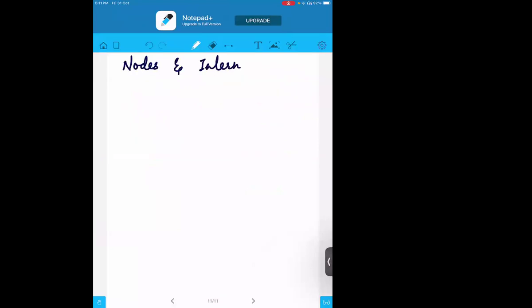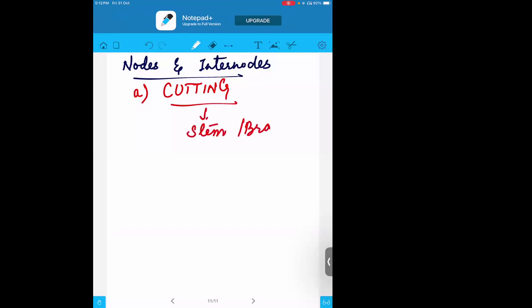Nodes and internodes. In the case of the cutting type, what we are discussing in artificial vegetative propagation, we are discussing the method which is cutting. I said that you need to cut the stem part or the branch part of that particular plant. When we cut the stem, the structure will be like this.